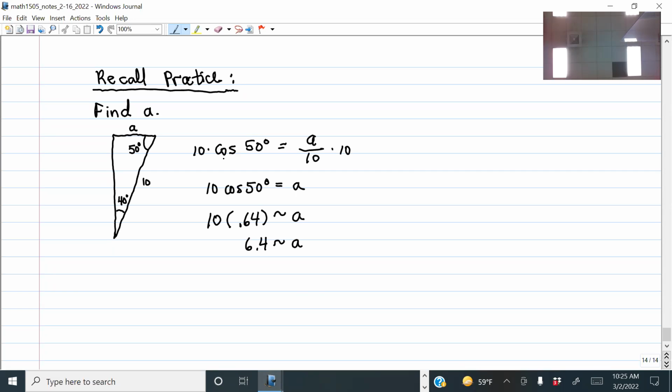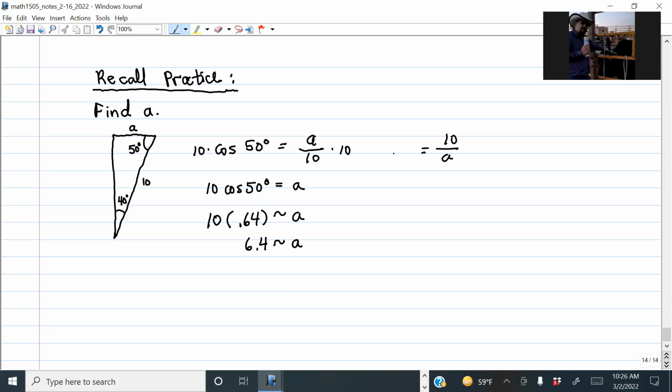I guess we could have used the reciprocal of the cosine. What's the reciprocal of the cosine? 1 over cosine? Yeah, that's 10 over A. It's 1 over cosine, but that has a name. What's the name for 1 over cosine? That's one of the trig ratios. Cosecant? Think again there. It's secant, right?